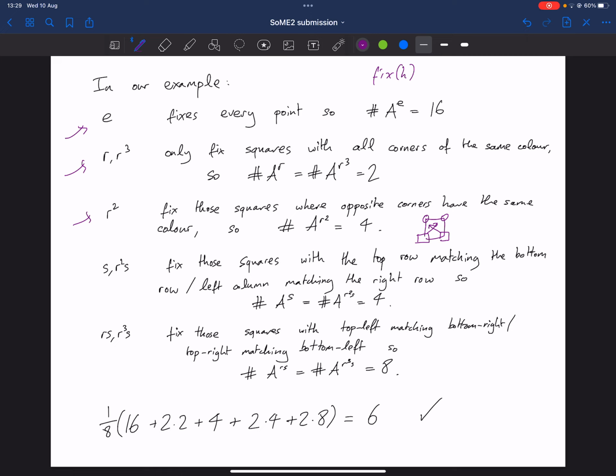colourings which are fixed by R squared. I am going to skip over these next two, except to say that S fixes those squares with the top row matching the bottom row, and R squared S instead fixes those squares with the left column matching the right column.